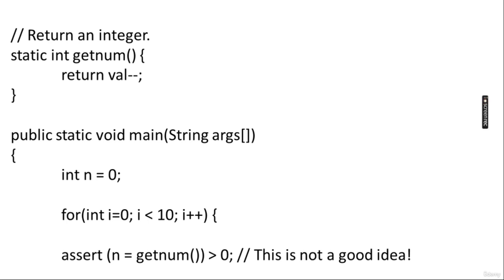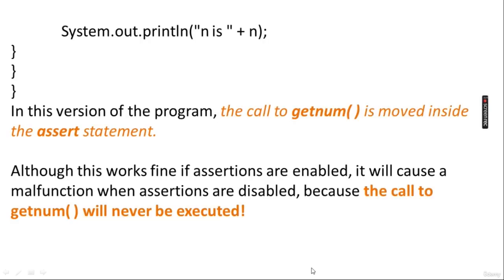So every time it will return the value, and then n = 0, for i = 0, i < 10, i++, assert n = getnum() > 0. This is not a good idea. Every time you are calling getnum and checking if this particular value is greater than 0, this is not a good idea. And then we are printing n = n.